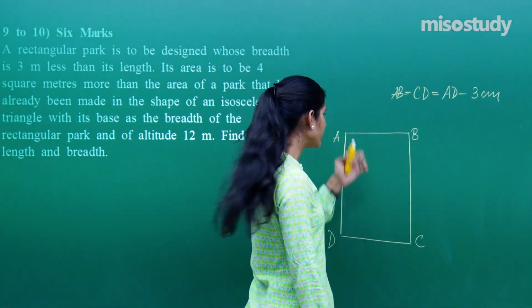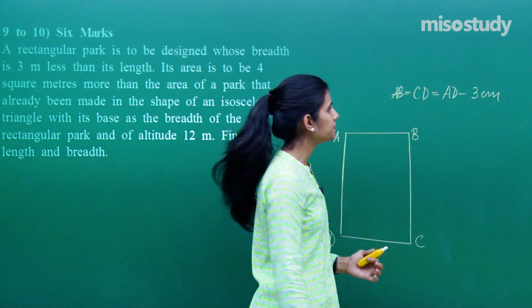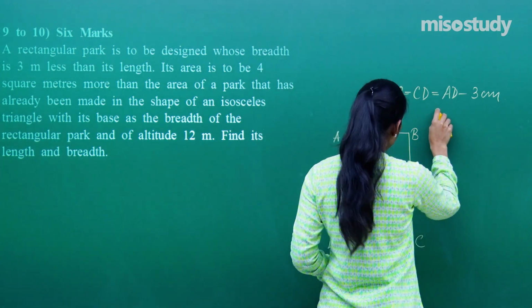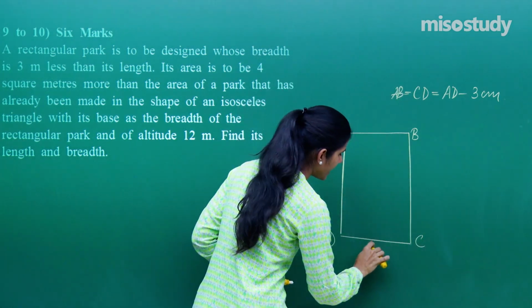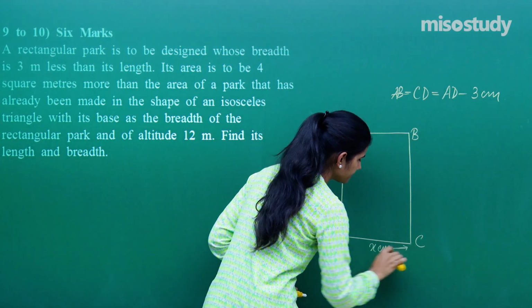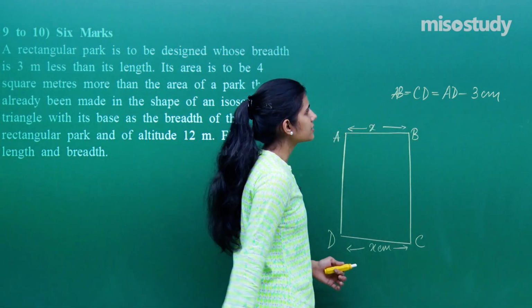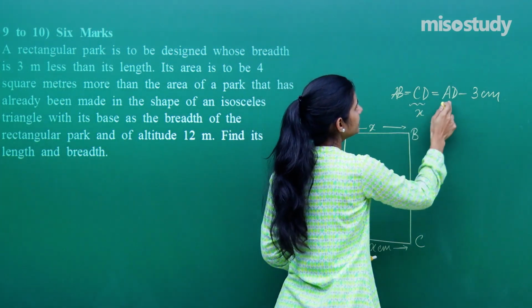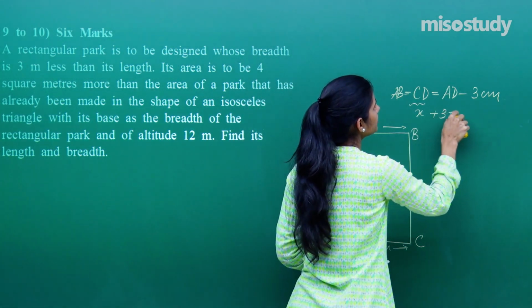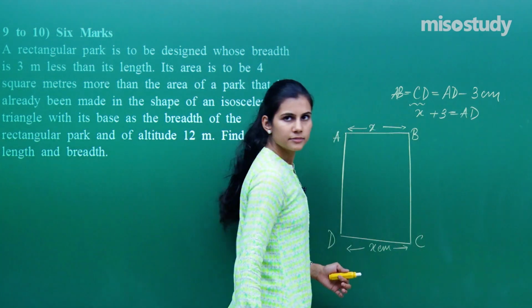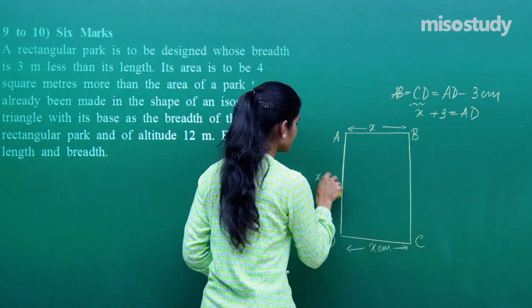Both of them are the lengths. You know, in a rectangle, opposite sides are of equal measure. So, if I take breadth as x meters, then length would be x plus 3, right? So, this is x plus 3.